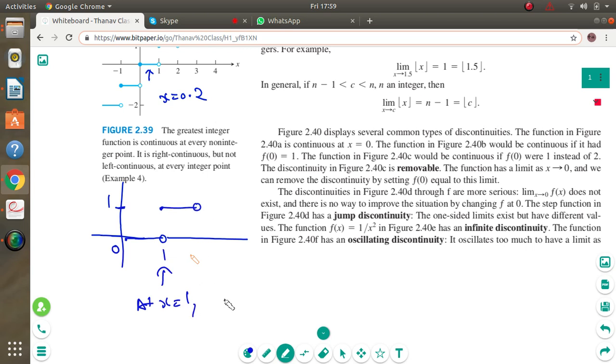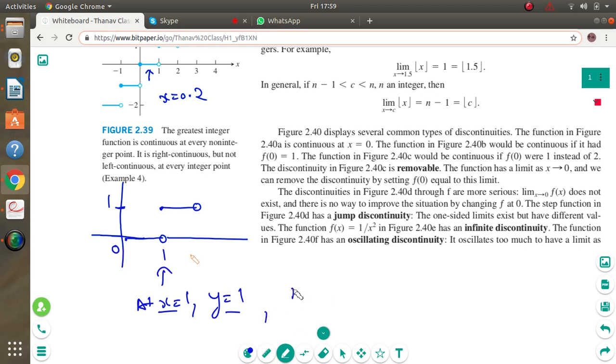At x equal to 1, y is equal to 1. That means at the greatest integer between 0 and 1, it is taking the value of the greatest integer, that is 1 only. Are you getting it now? Only at the integer, greatest integer actually.